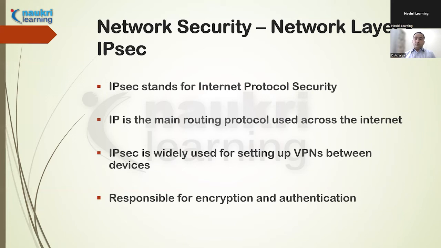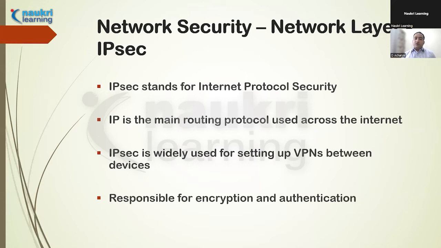Most of us in this COVID era are working from home, so we are using VPNs extensively to connect our laptop to the corporate network. IPSec is extensively used in this space to set up VPNs, and it is responsible for encryption and authentication.